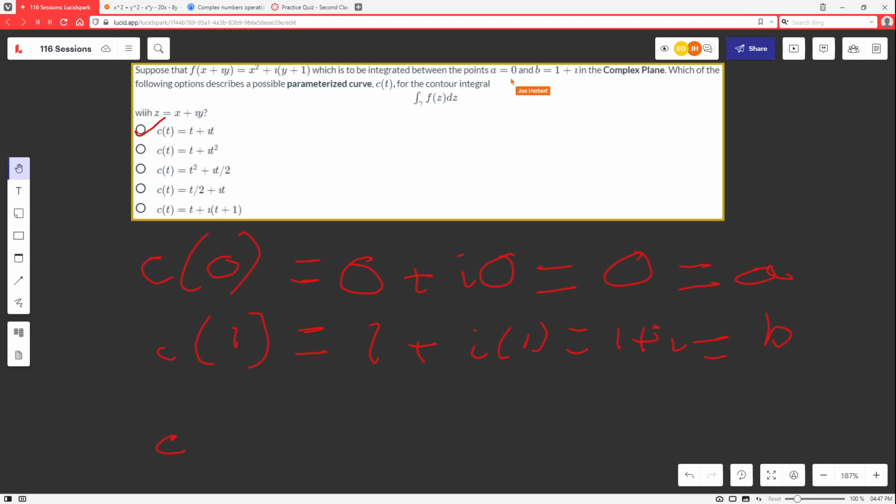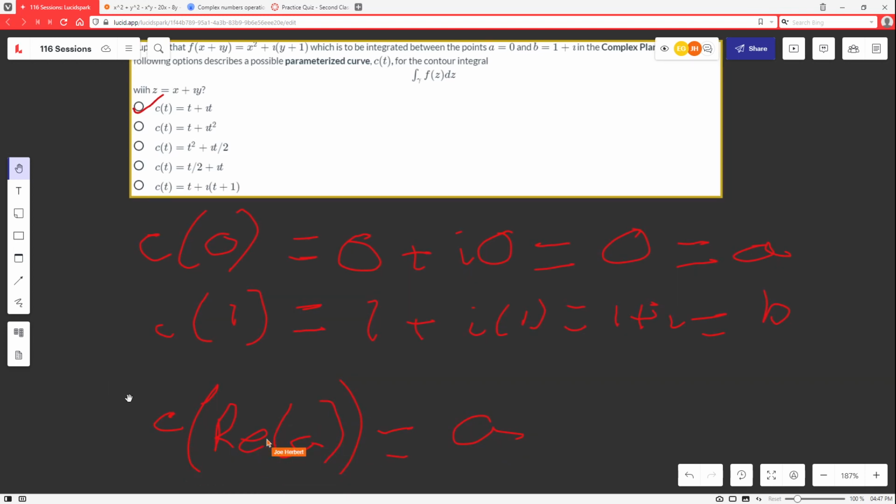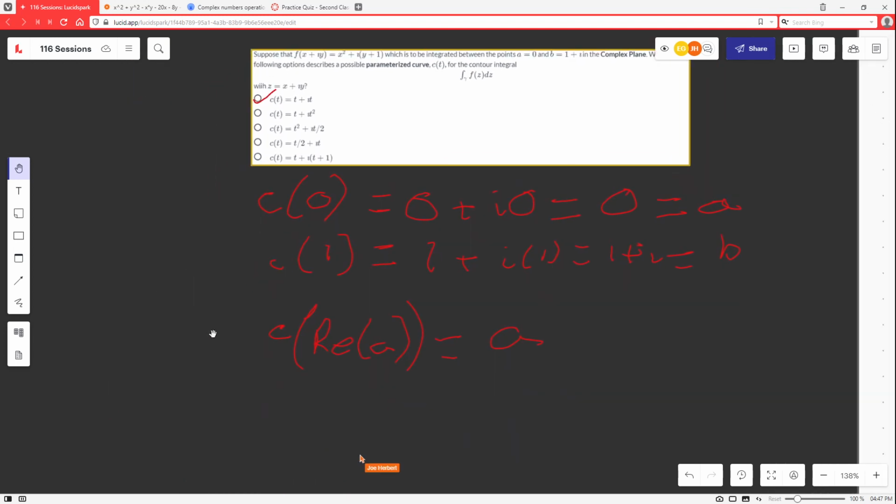It takes in the real value of a complex point, and then the function maps it to the whole complex point. So for C, we take the real part of, for example, A, then it maps it to A.